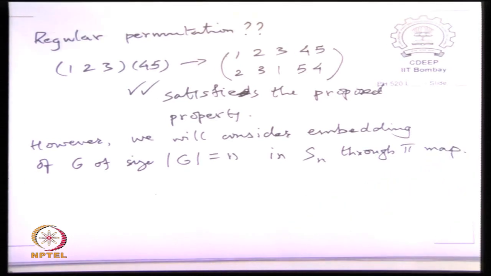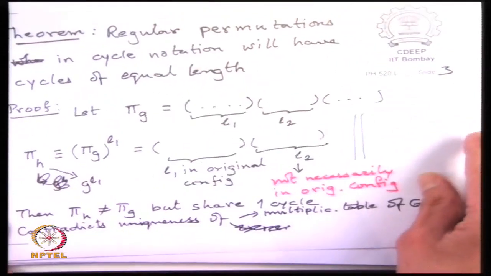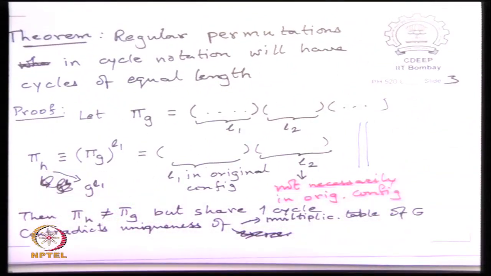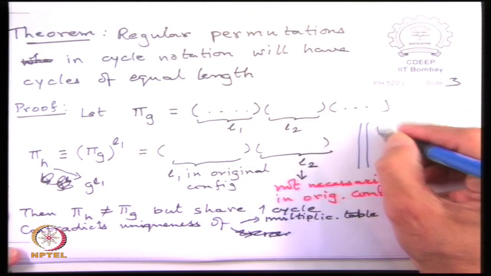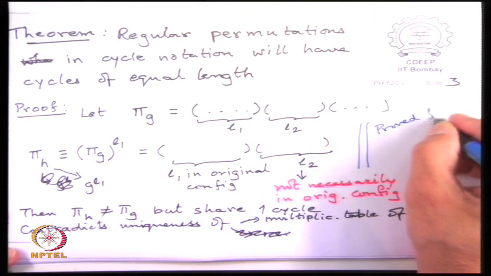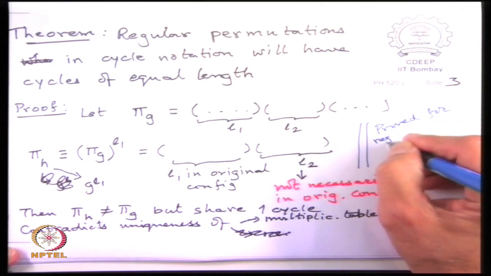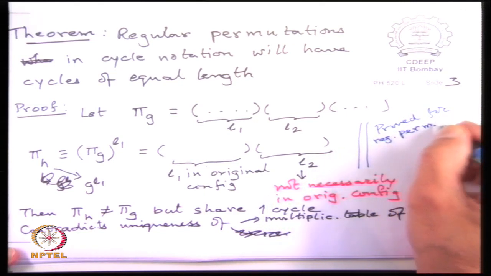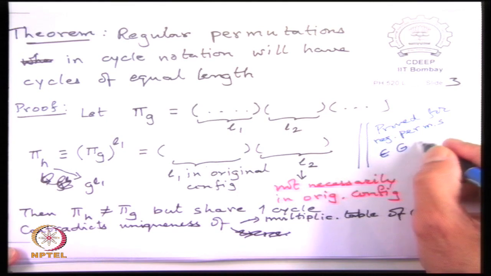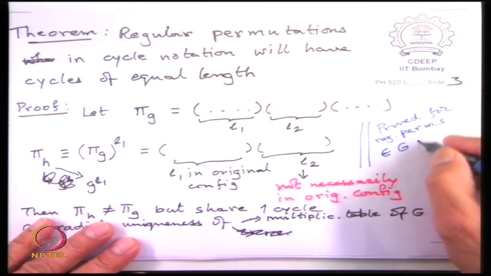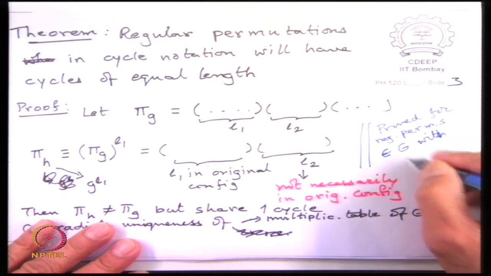Then for that these facts are correct. As you know, I was about to write and then I didn't write. So this is verified for all the regular permutations that occur in representing a group. So at least checked for, so proved for those which belong to a group G, okay, with order of G equal to n.